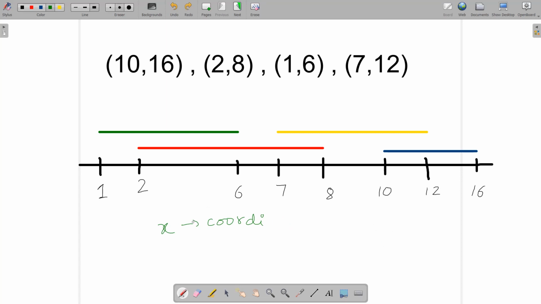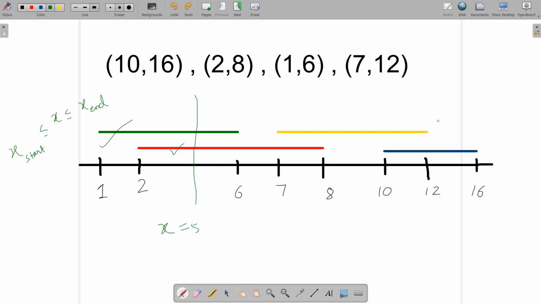Suppose you have chosen x equal to 5, so it will lie somewhere over here. If you shoot an arrow, it will burst all those balloons whose coordinates satisfy the condition x start less than or equal to x less than or equal to x end. This balloon will be burst and this balloon will be burst, so you use one arrow for these two balloons.